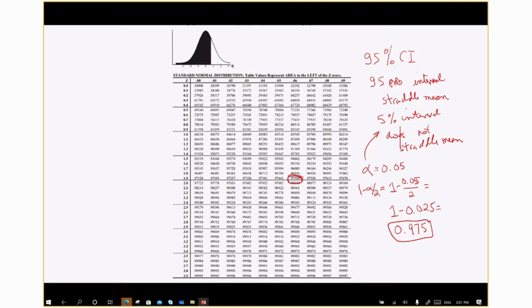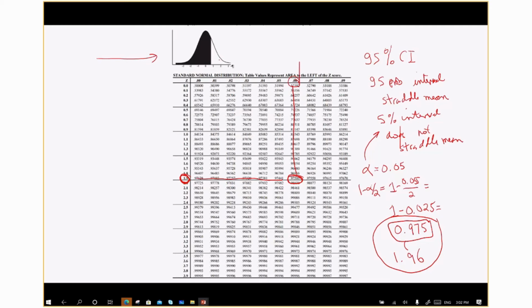And we go to our margins. The first two significant digits are the 1.9. Come up here. We get an additional 0.6. So the Z value associated with the 0.975 is 1.96. Let's look at this graph here and think of, well, what does this 0.975 and this 1.96 mean? 1.96 would be right about there.